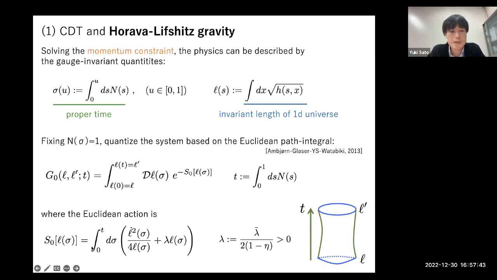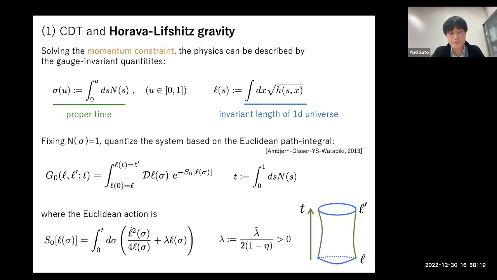Then the Euclidean action is very simple, like this. This lambda here is the dressed cosmological constant. Lambda tilde is the original cosmological constant, and this lambda is actually the lambda of the CDT, as you will see.